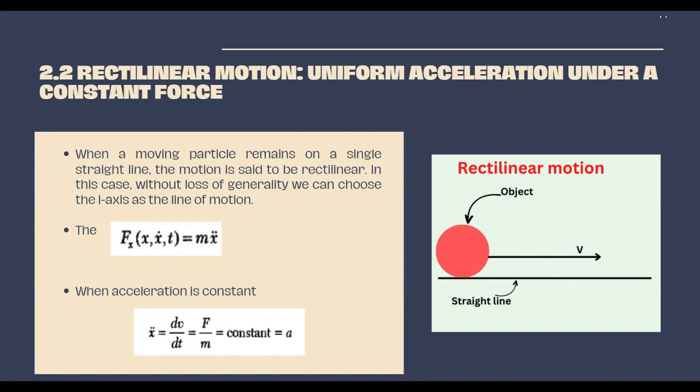The rectilinear motion is a simplified model that is often used in physics to study the basic principles of motion before moving on to more complex scenarios involving multiple dimensions or curved paths. It is a fundamental concept in kinematics, which is the branch of physics that deals with the motion of objects without considering the forces causing the motion.